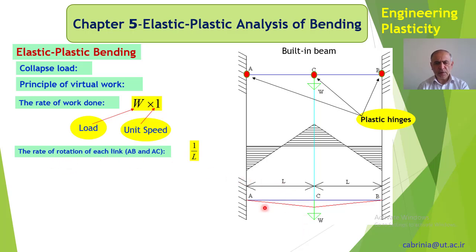It revolves around A, which is a hinge, and this member also revolves around B, which is a hinge, so that moves 1 over L, and that moves 1 over L.